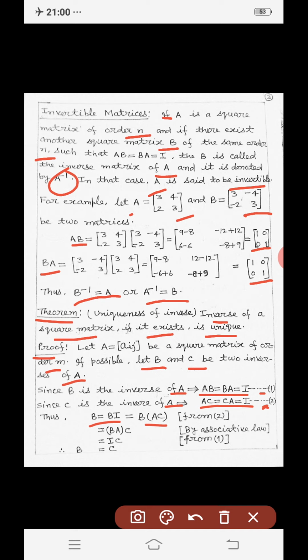This can be written as (BA)C by the associative law of multiplication of matrices, and this is equal to IC from 1, BA is equal to I, and IC means we get C. If a matrix is multiplied with the identity matrix of the same order, in that case we get the same matrix. This implies that B is equal to C.